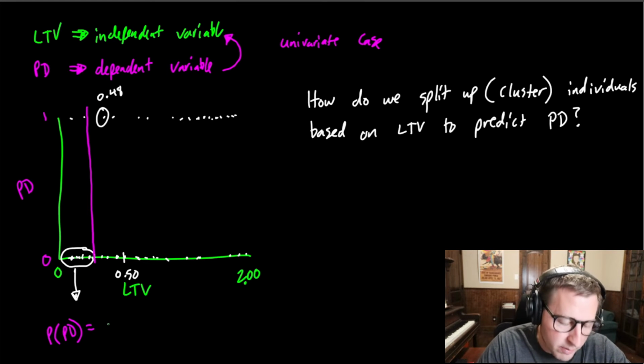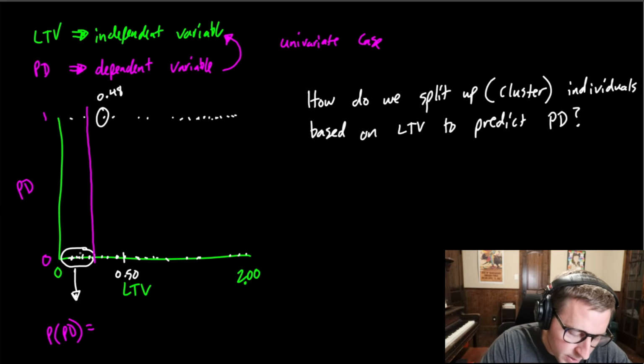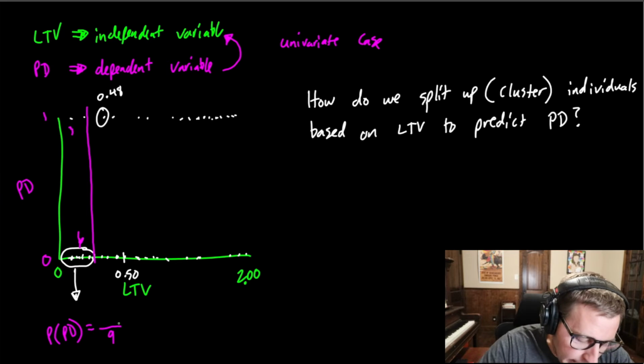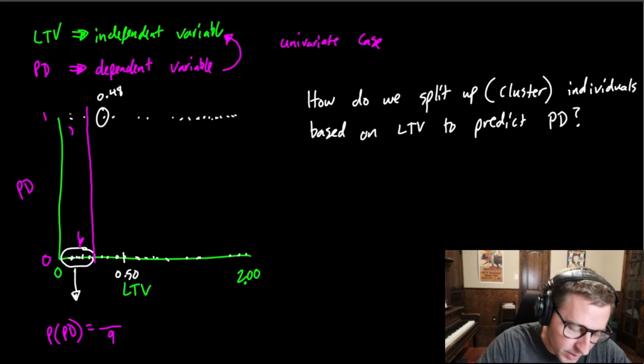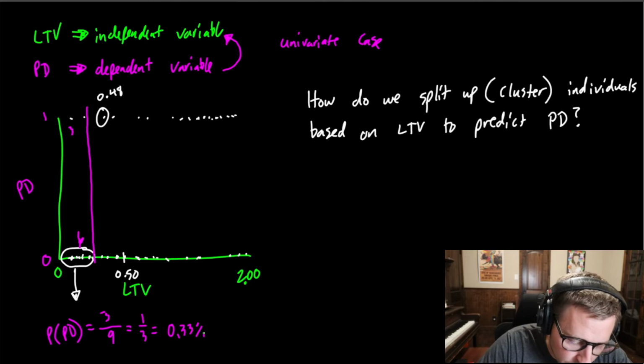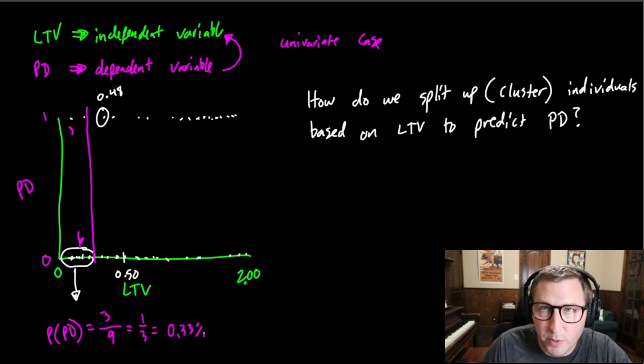So for the probability of default, there's 6 down here and there's like 3 up here. So there's a total of 9. So 9 goes on the bottom. How many of these had an event? How many defaulted? Looks like there's 3 up here. So it'd be 3 over 9, and this is going to be 1/3, which is equal to 0.33. So this has a default rate of 33%.